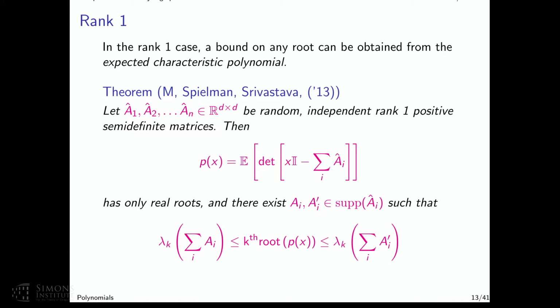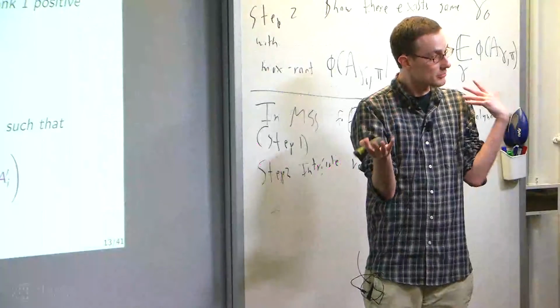They have the same distribution. Excuse me? A_i comes from a distribution, right? They all have the same distribution. No, they all have different distributions, and they're not necessarily classical random matrices. You could pick: I have matrix A, which I really like, and matrix B, which I kind of like, and I choose between the two of them.